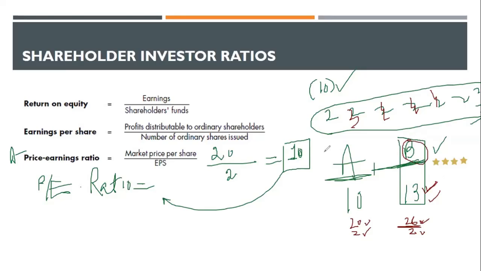If there is another company C, which has EPS of 2 and a market price of the share of 12, their price earning ratio comes to be 6. It looks like people are not trusting this company and they are not willing to pay more for the share. In order to earn $2, they are saying we can give you a maximum of 12.